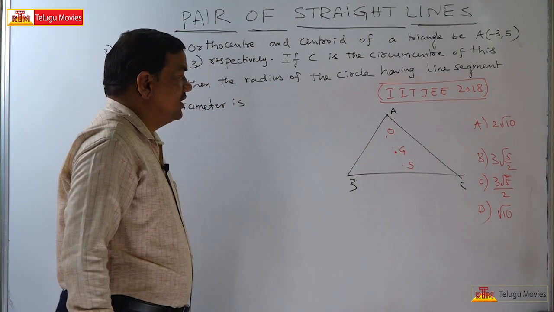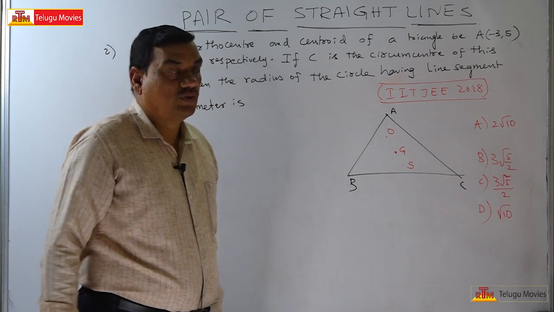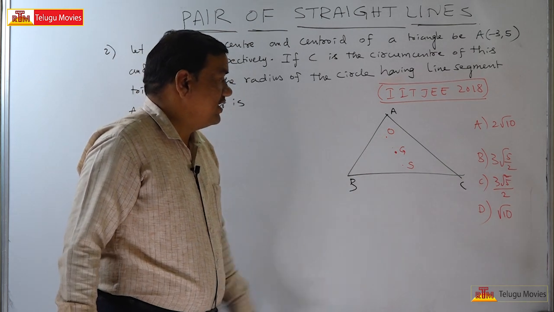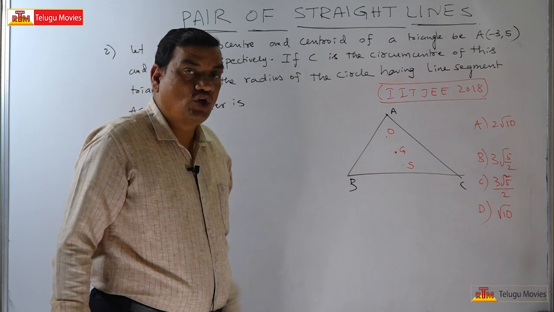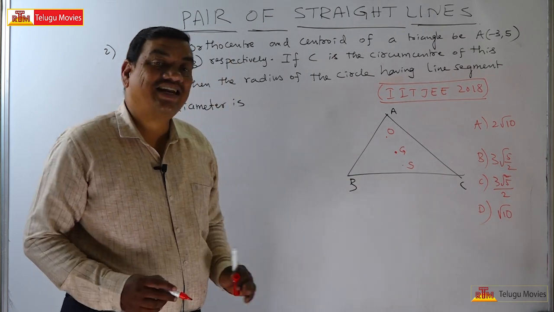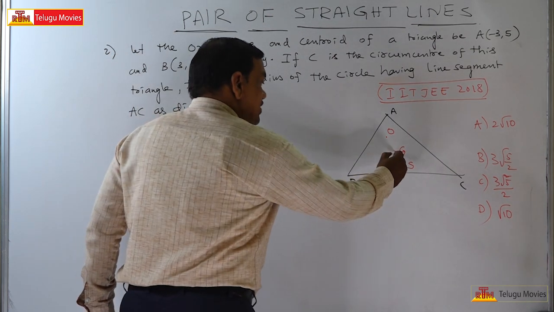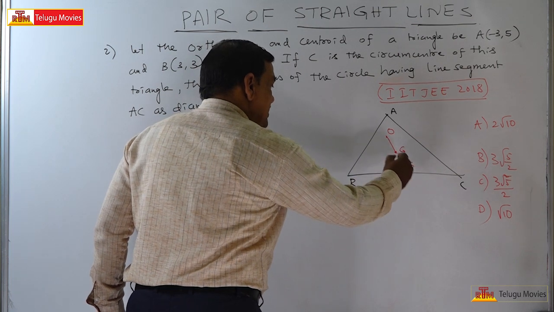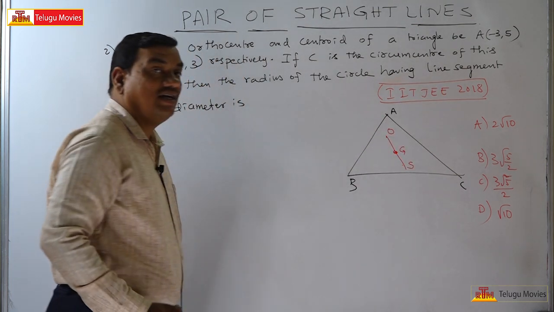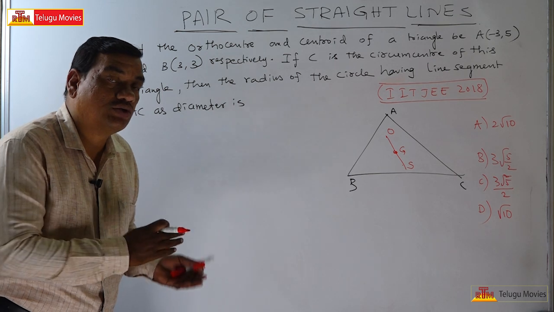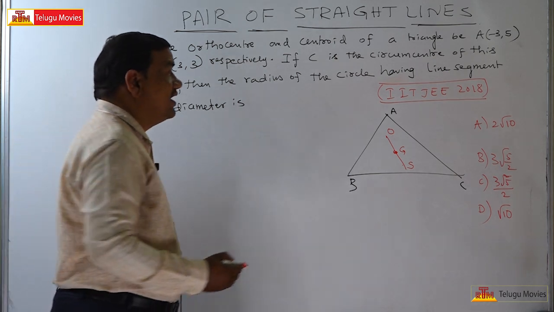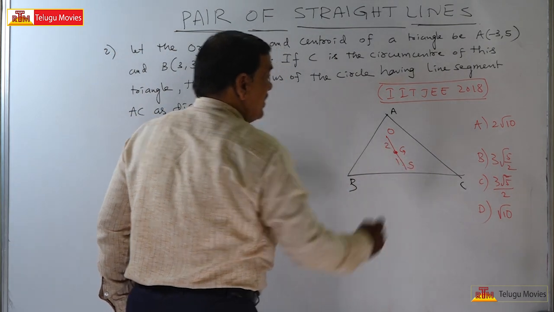That means O, G, S: O is the orthocenter, G is the centroid, S is the circumcenter. The centroid G divides the line segment joining the orthocenter and circumcenter in the ratio 2:1.